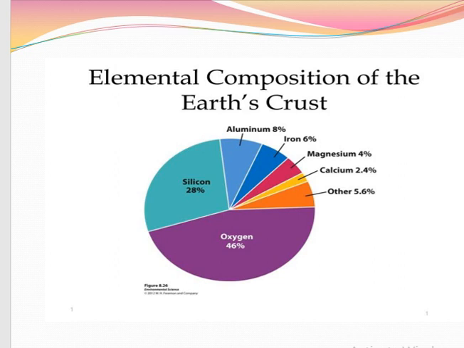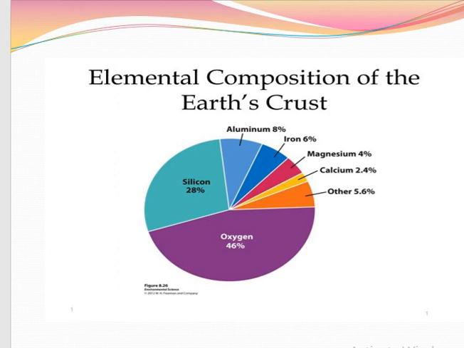Then there are certain metals and non-metals: aluminum approximately 8%, iron representing 6%, magnesium representing 4%, and calcium 2.4 to 3%. Other elements consist of 5.6 to 6%, which in total contribute to the composition of earth crust.